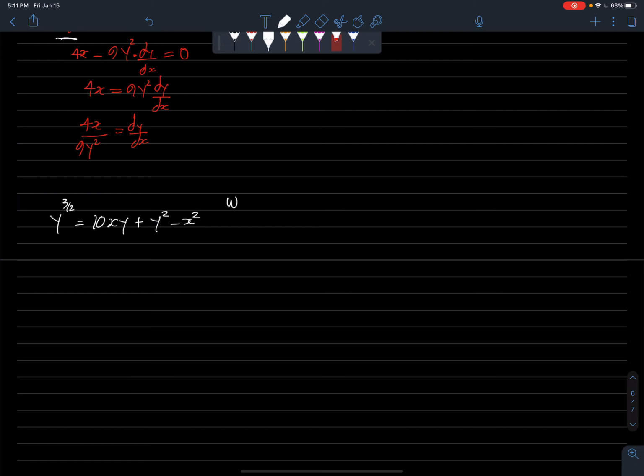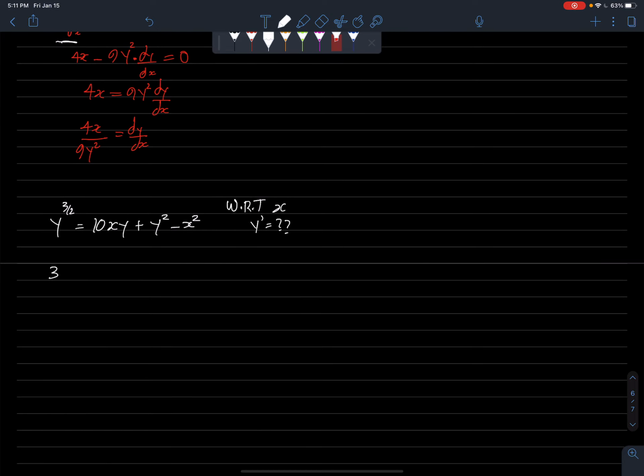And it says with respect to x, or it says find y prime, for example, right? So let's do it from here. So we're going to get 3 over 2 y to the 3 over 2 minus 1, which is 1.5 y to the negative 0.5, right? And then multiply by y prime.